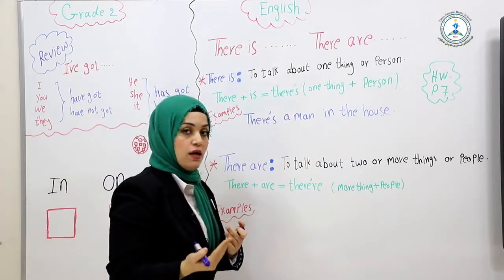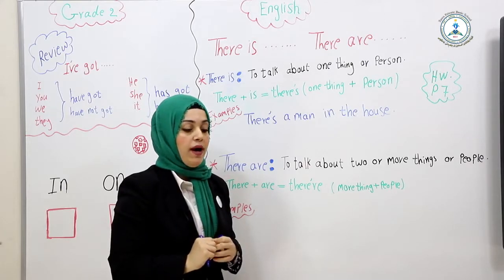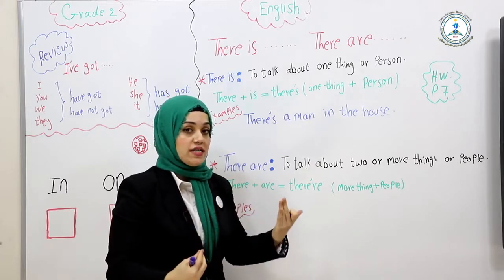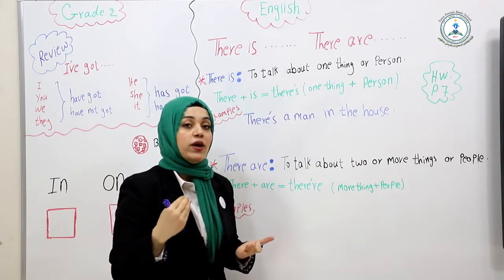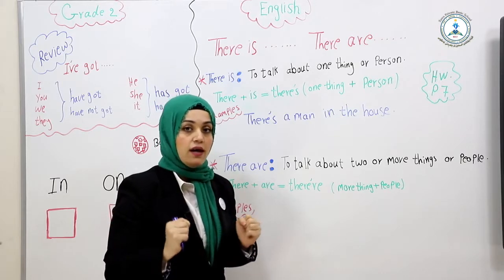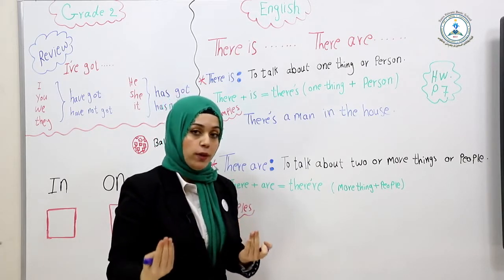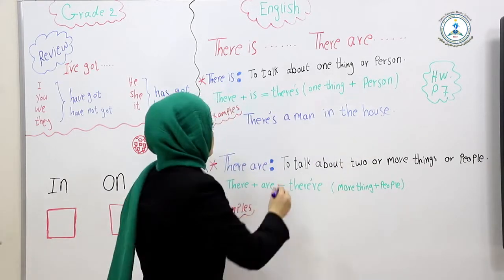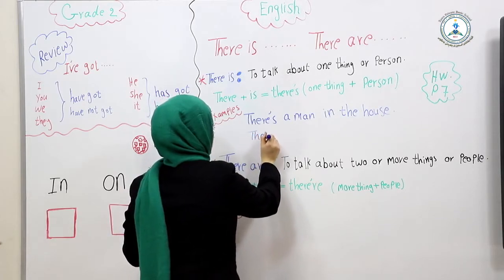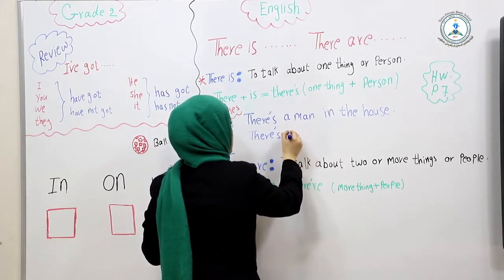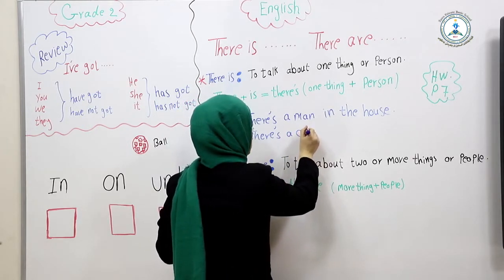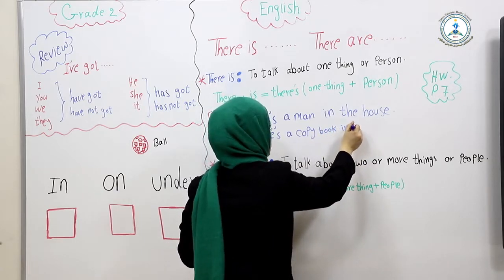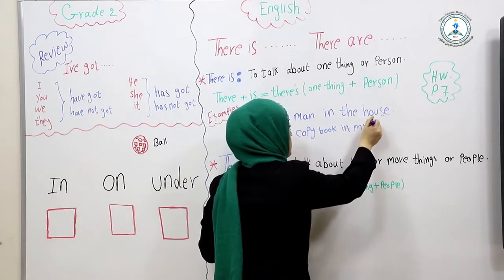Or there is one notebook in my bag. For example, I have it and we want to know where that notebook is. We say there is one notebook in my bag, or there is one copybook in my bag. So there's a man in the house and there is a copybook or notebook in my bag.